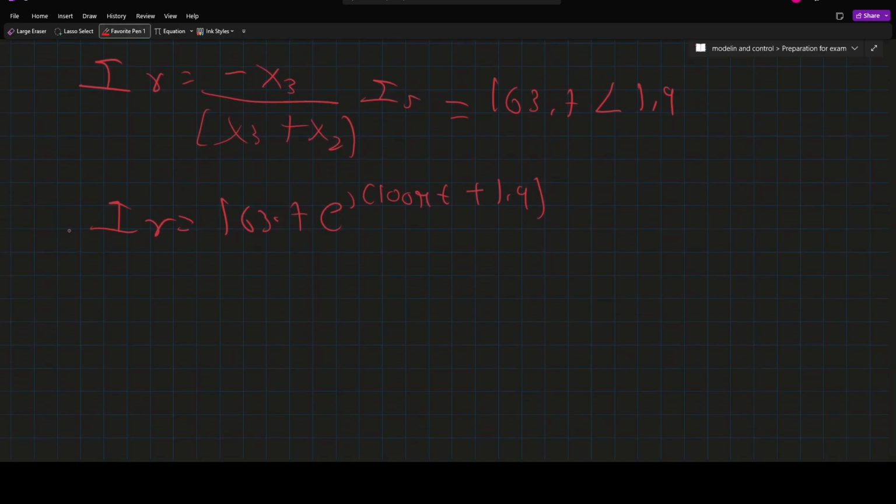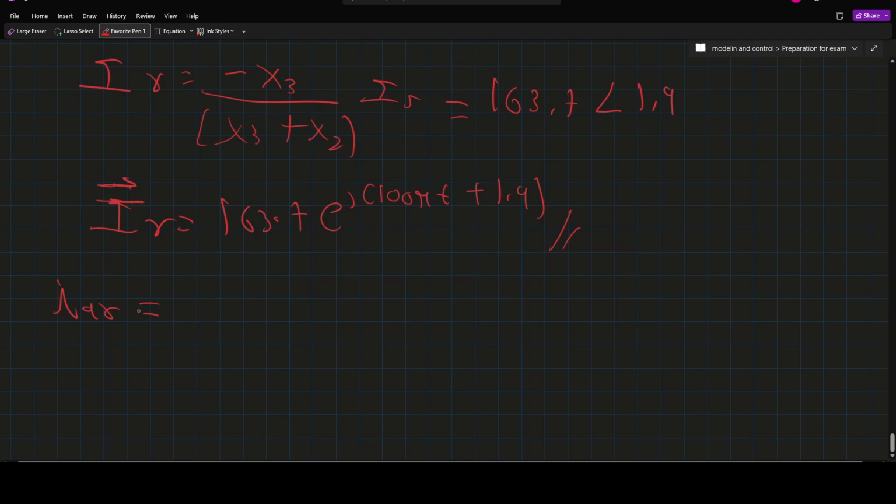So when we put it in the form of a space phasor, we can write it like this: our magnitude, omega t plus our angle.